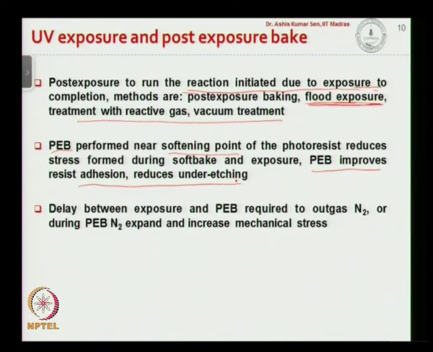So if you do a post exposure bake close to the softening point of the photoresist, it is going to reduce the stress and improve the adhesion between the photoresist and the surface. In some cases it is also going to reduce the under etching. Under etching is etching in the lateral direction under the layer of the photoresist. So this post exposure bake at the softening point is also going to reduce the under etching.